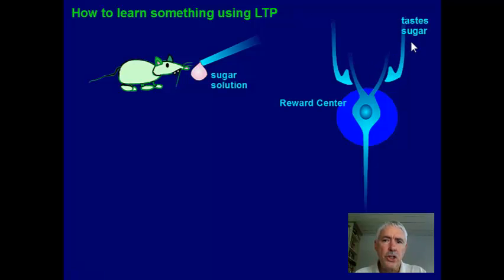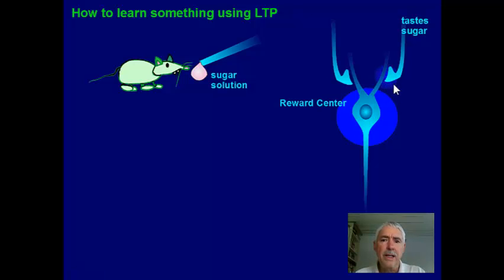So he tastes the sugar, and it just so happens that the animal is hardwired for very strong synapses. By hardwired, I mean that during brain development, these synapses bringing in the taste of sugar are made very strong.